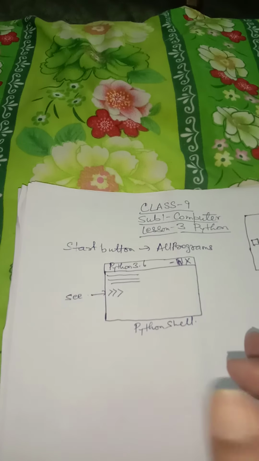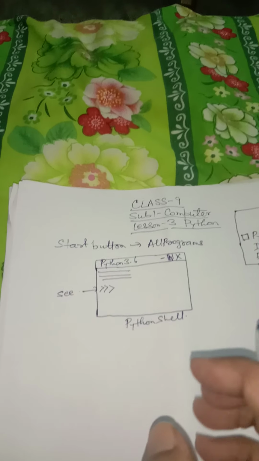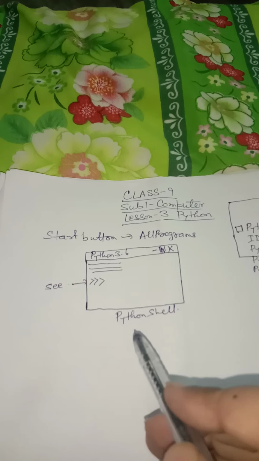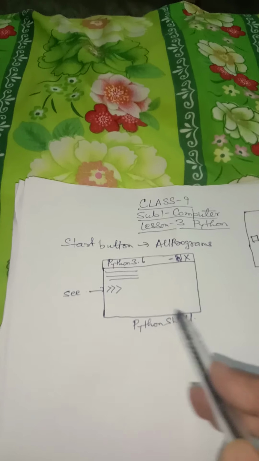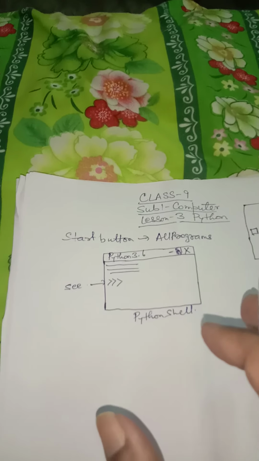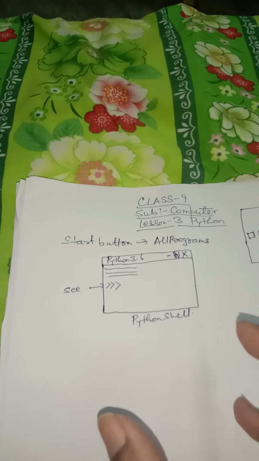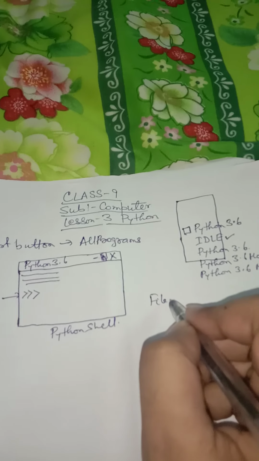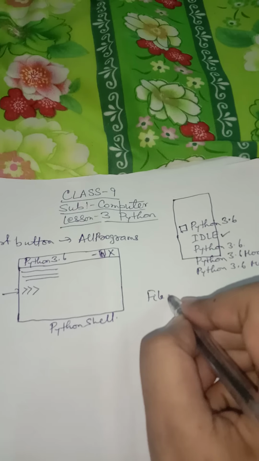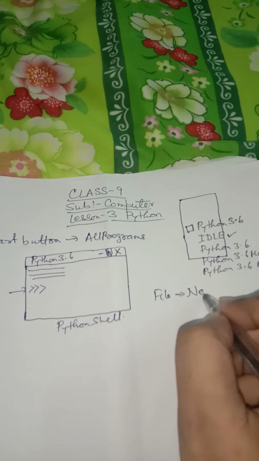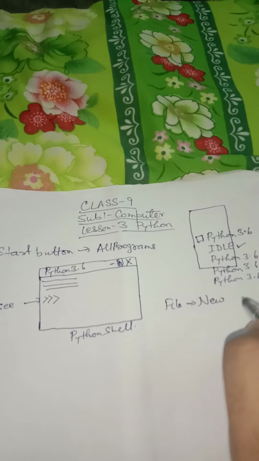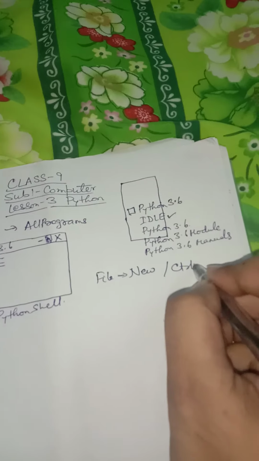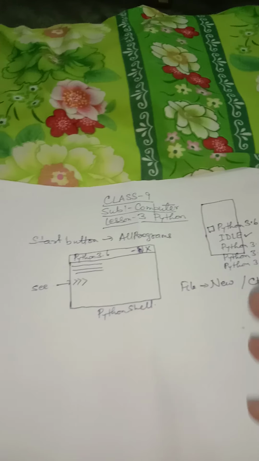Suppose we do not want to work on the Python shell, and we want to create a new file in which we can write our coding. For this, we have to go to the File menu and click on the New button, or the shortcut is Ctrl+N.